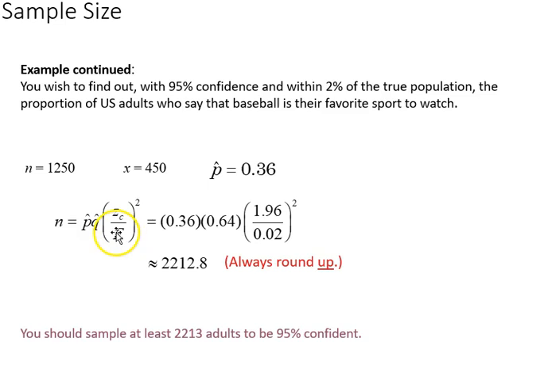And then we have our z-score and our E, which is plus or minus 2% as given by the example. So we would need to have a sample size of 2,213, rounding up. And that would give us 95% confidence that our interval contained the true population proportion.